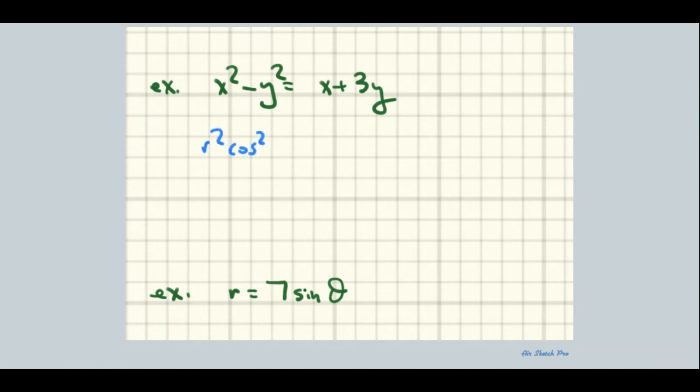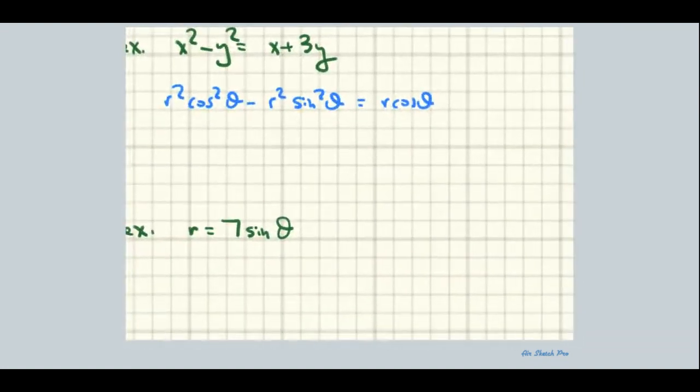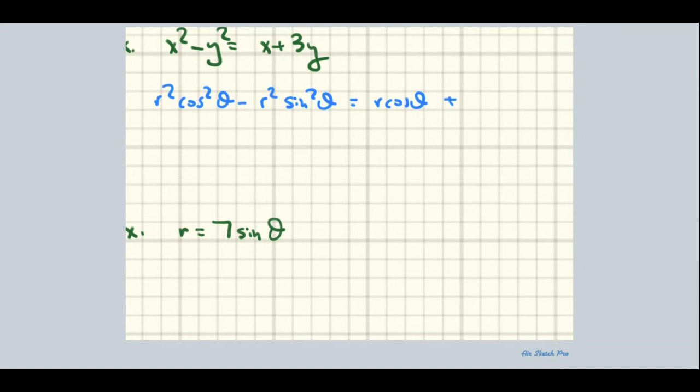r squared cosine squared theta minus r squared sine squared theta equals r cosine theta plus 3r sine theta. That's r squared, cc minus ss, right? You see cc minus ss?